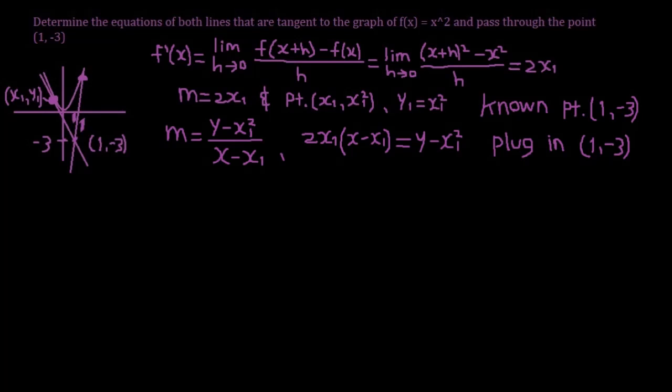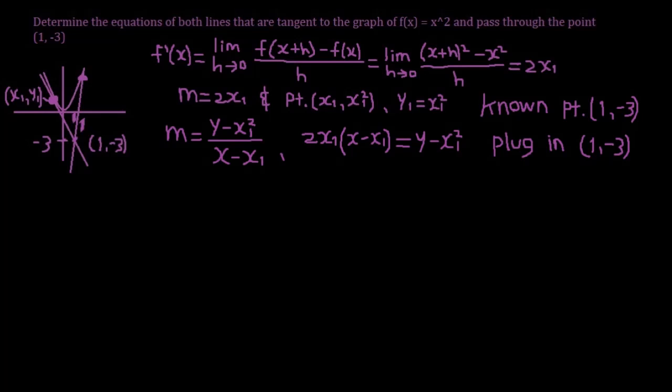So for m, we have to put out the basic slope formula, which is y minus x initial squared over x minus x initial.